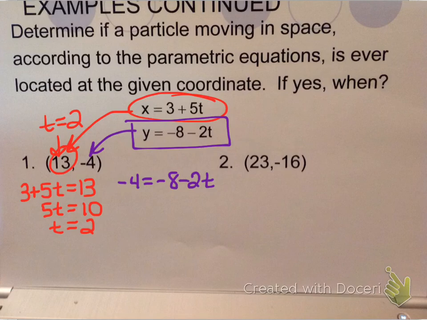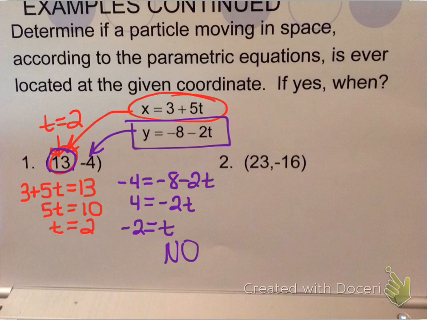So I add the 8 to move it over, and then I divide and I get -2. And so what that's telling me is that I'll have the correct x-coordinate 2 seconds from now, but I had the correct y-coordinate 2 seconds ago. And so the answer here would be no. I don't ever go through that point in space.